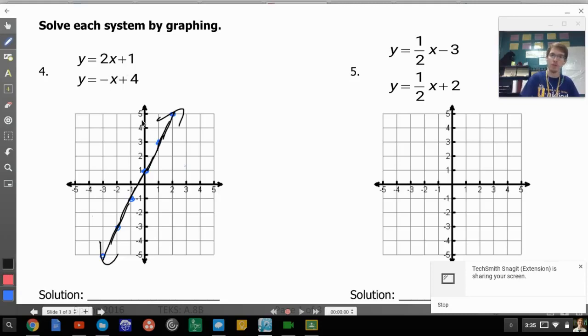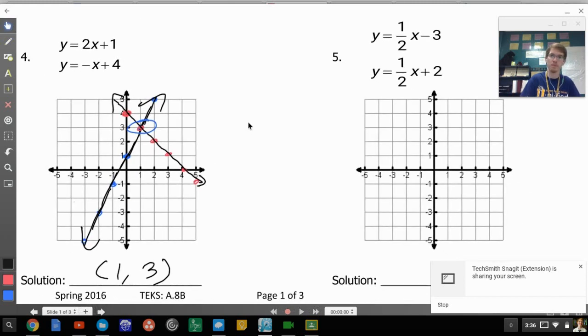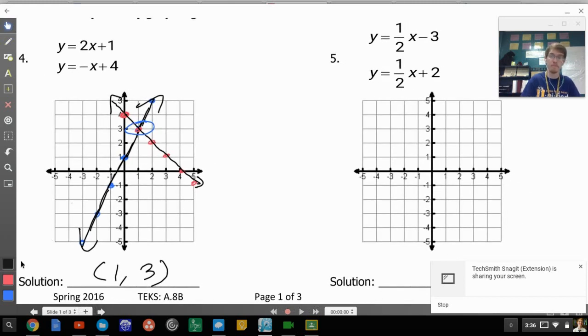Line 2, starting at 4, has a -1 slope. The question is, where do they intersect? That's where the solution is. It ought to jump out at us: (1, 3). (1, 3) is our solution, because the solution is the intersection point.